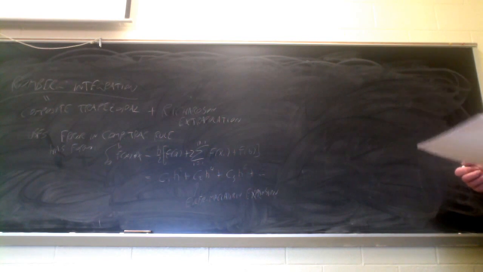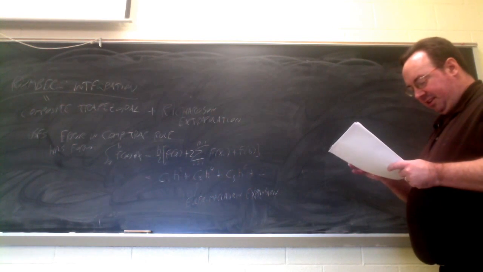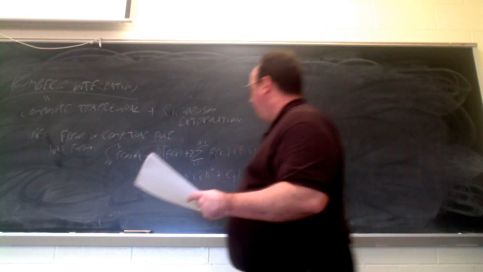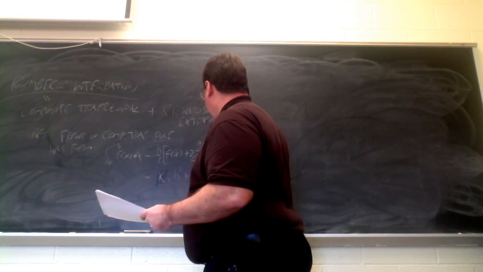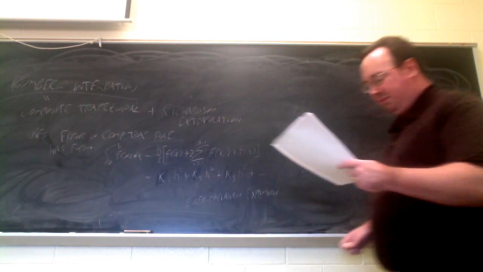Well, actually, I'm going to change the notation a little bit to conform to the notes. I use k's to indicate these constants, in case you're following along with the notes.